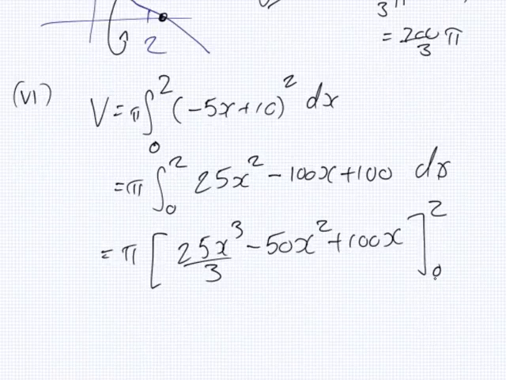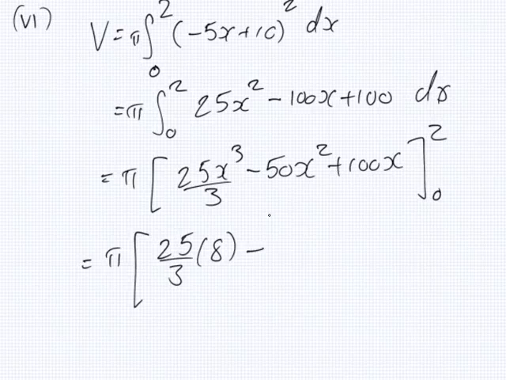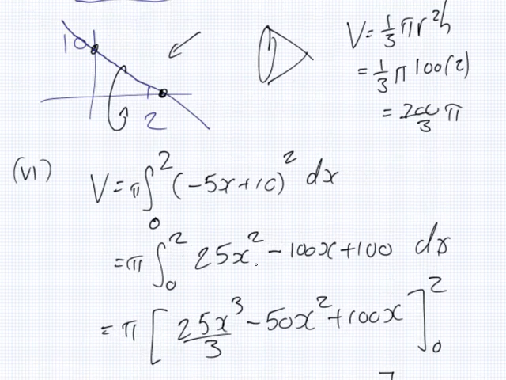Now I don't care about the 0, because the 0 will make it 0. So I only actually care about the 2. So this will be pi times 25 over 3 times 8 minus 200 plus 200. So that will be 200 over 3 pi. Wait, hey, we're right.